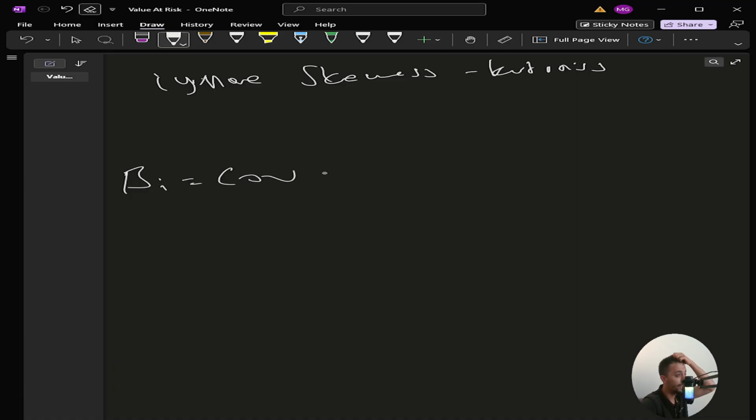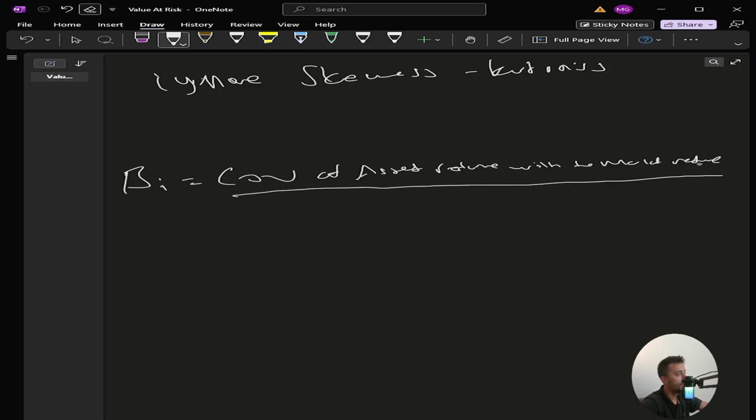Covariance of asset return with the market return, and variance of the market return.